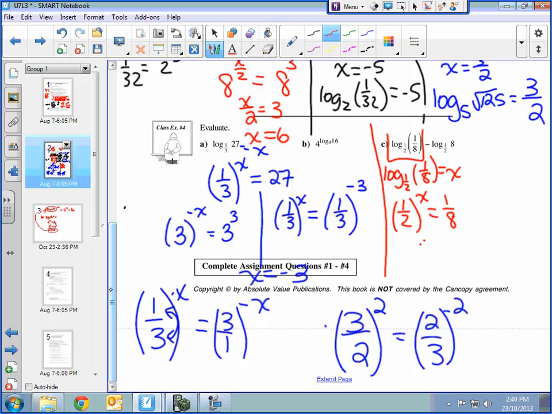Okay. Same thing on this one. You can either change your bases to 1/2 or change them to 2. It's up to you. What do you want to do? 2? Okay, if you want to do 1/2, do 1/2, but you're going to get the same answer anyway. So if we're changing it to 2, that's what I'll do right now. So if I change this to 2, what will my exponent be? Negative x. And if I change this to 2, what will my exponent be?